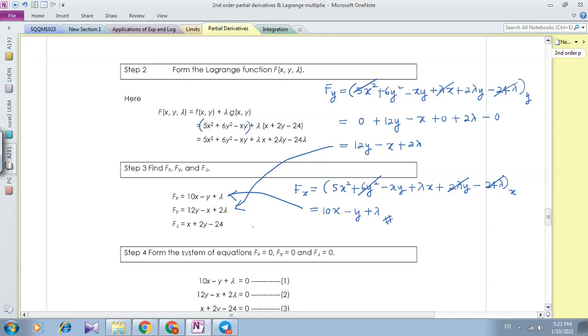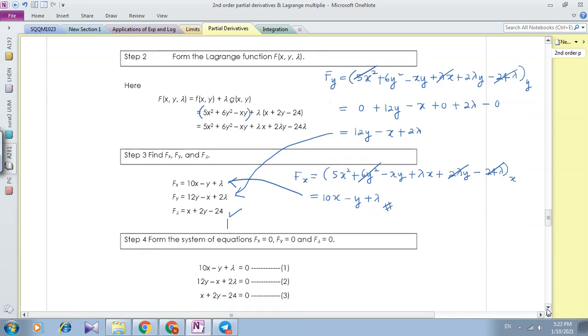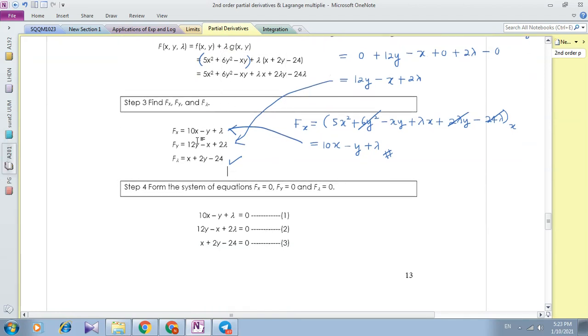I hope you will do the partial derivative of the last line here on your own, and I hope you will get the same as here. Then in the next step, you will equate whatever you have found here to 0. So capital Fx equals 0, capital Fy equals 0, and also capital F lambda equals 0.